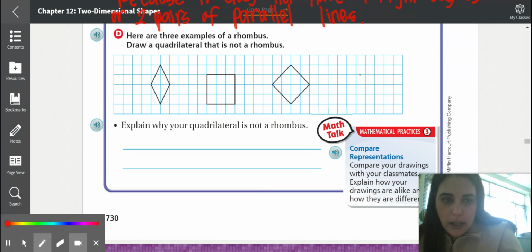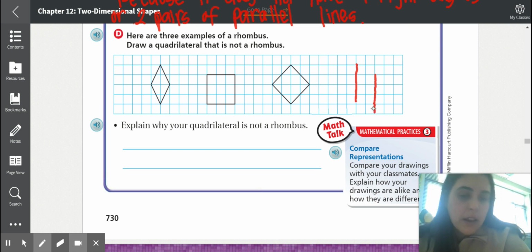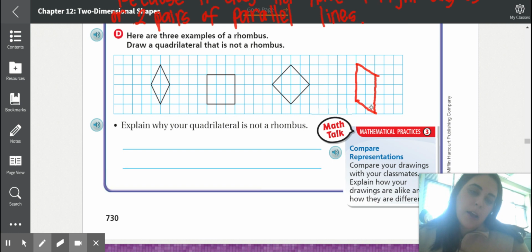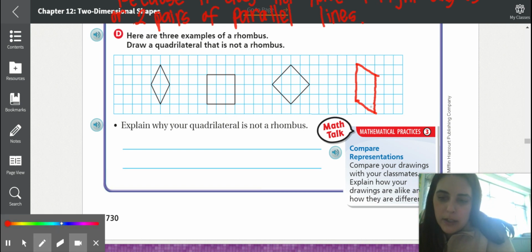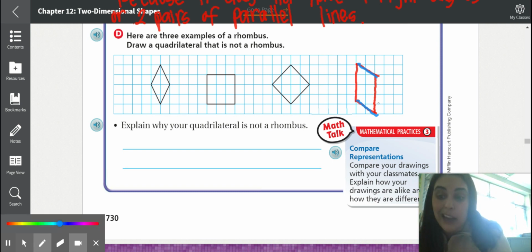So maybe something like this. Right now, those are the same length, but when I connect them, let's see. So this top side, the blue sides are the same length, but the orange sides are not.